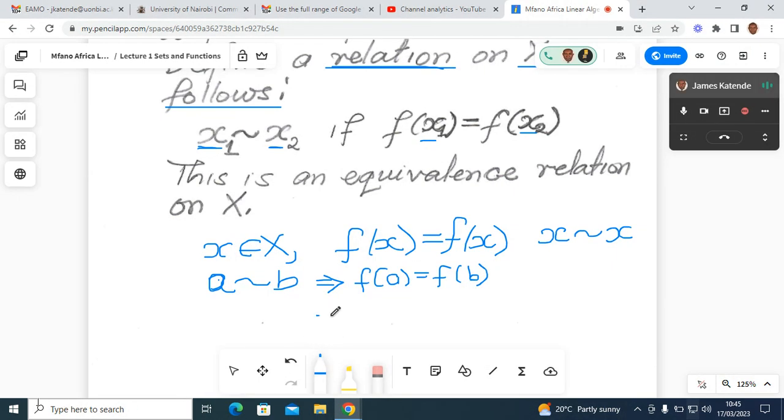But if you are working with equality, this is the same as f of b is equal to f of a, since equality obeys that. And by the way we have defined our relation, it means that b must be related to a.